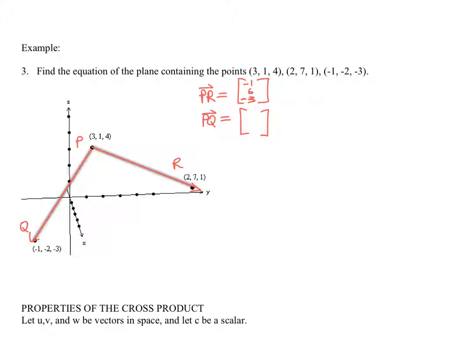PQ: -1 minus 3 is -4, -2 minus 1 is -3, -3 minus 4 is -7. All right, so what I need is the normal vector, which is the cross product of PR and PQ.